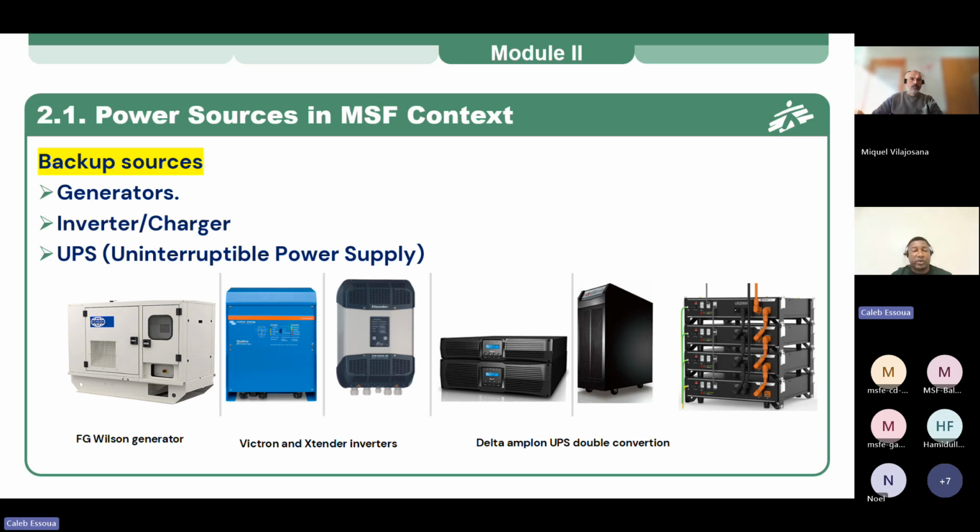For inverters, we always use Victron and Xtender. And for UPS, for example, we always advise Delta Applon. And for the batteries, we advise more for lithium batteries. The ones we use most in our solar projects are BYD and Pylontech. So these are the best batteries that we are using in our projects.